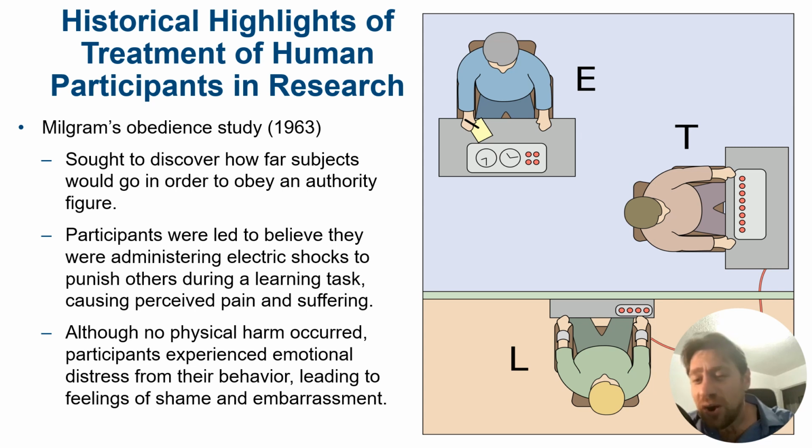And the results are somewhat pessimistic. Approximately 65% of the people in the study went up to the maximum voltage, even as the learner is begging you to stop, even after the learner goes silent and stops responding. And the maximum voltage was potentially lethal had this been actual electricity.